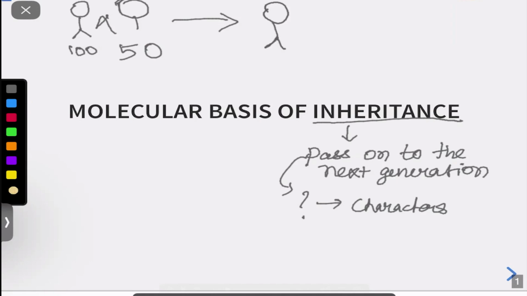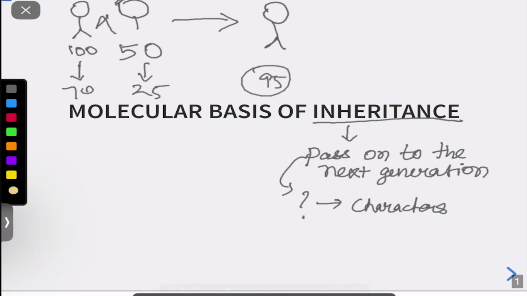If you are expecting that this offspring is going to have 150 characters, you are wrong. This will have some characters from the father and some characters from the mother. Now, this could have 25 characters from the mother and 70 characters from the father, which makes it 95 characters from the parents, or it may be any variable number.